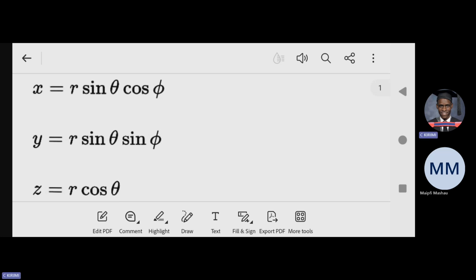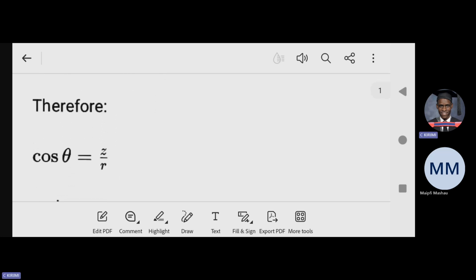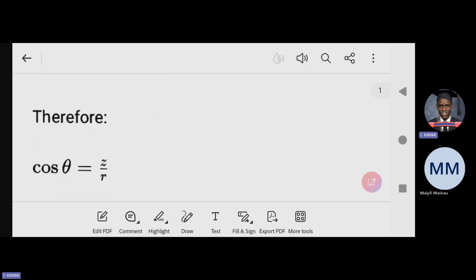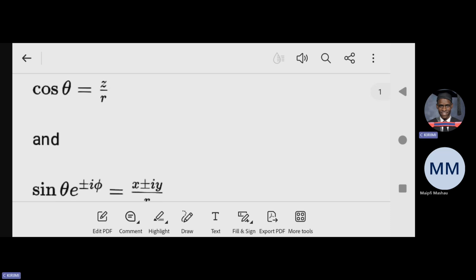And then z will be r cos theta. Therefore, what is the value of cos theta? Cos theta is z over r.